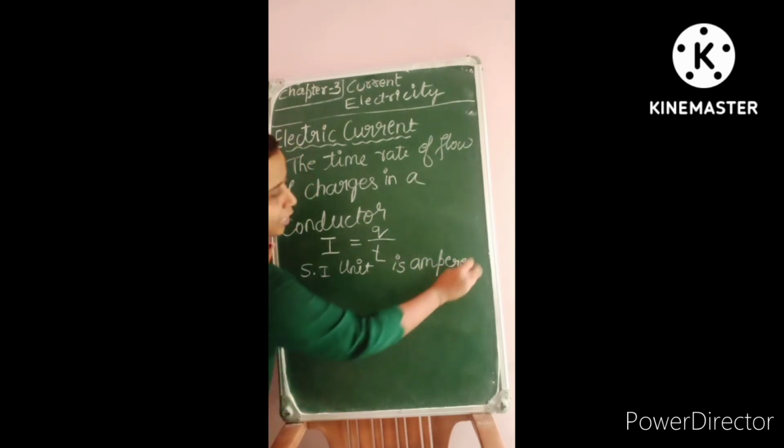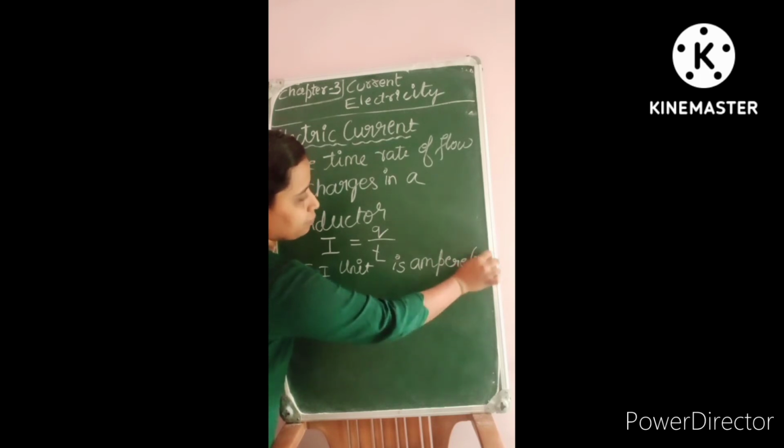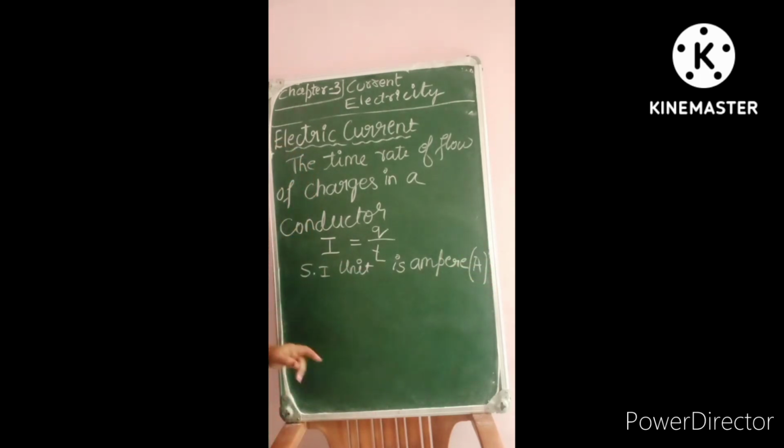We denote it by capital letter A. Capital letter A is taken as ampere, the denotation for the SI unit of current. Electric current is a scalar quantity.